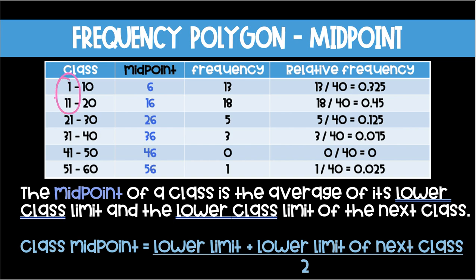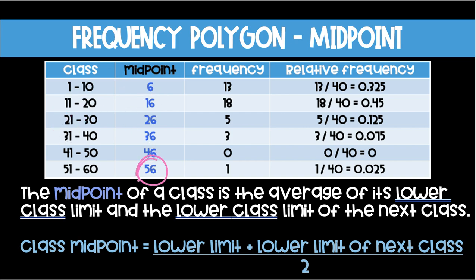I'm going to add the lower class limits, 11 plus 1, and then divide by 2. That's 12 divided by 2, 6. That's the midpoint. And then I repeat the step for the next midpoint. 11 plus 21, that is 32, divided by 2, 16. And you keep on doing that until you find all of your midpoints.